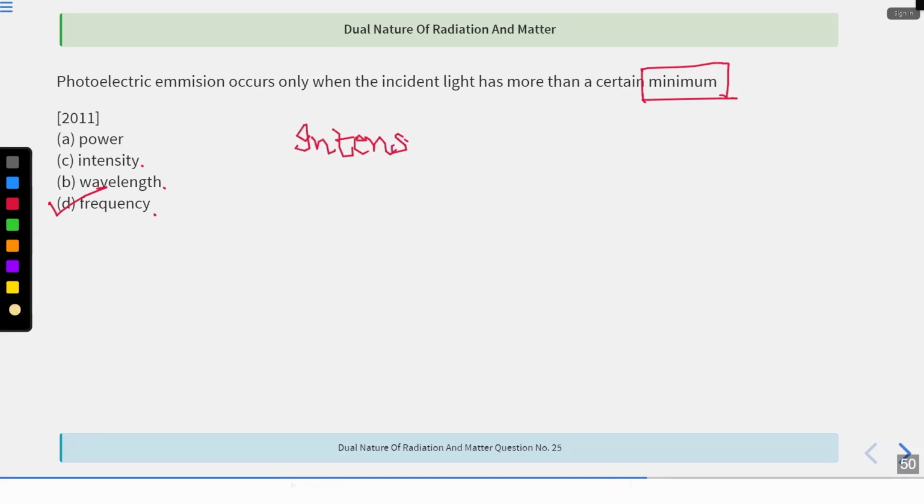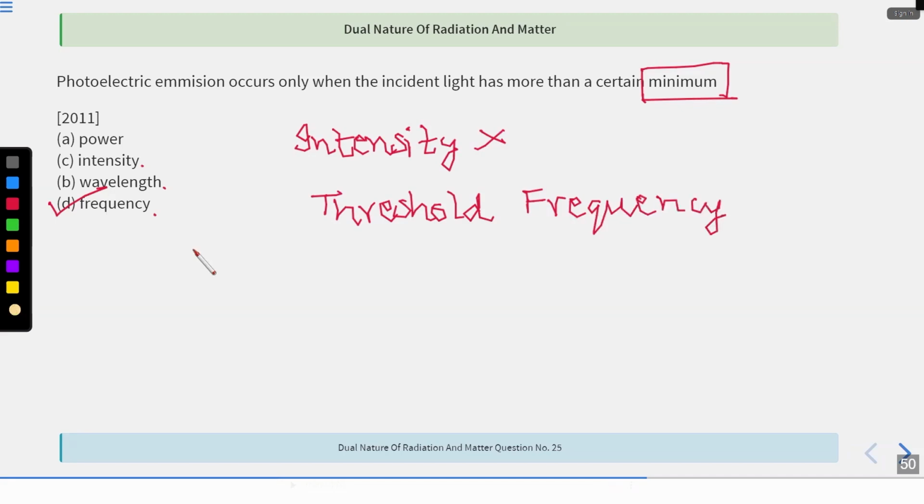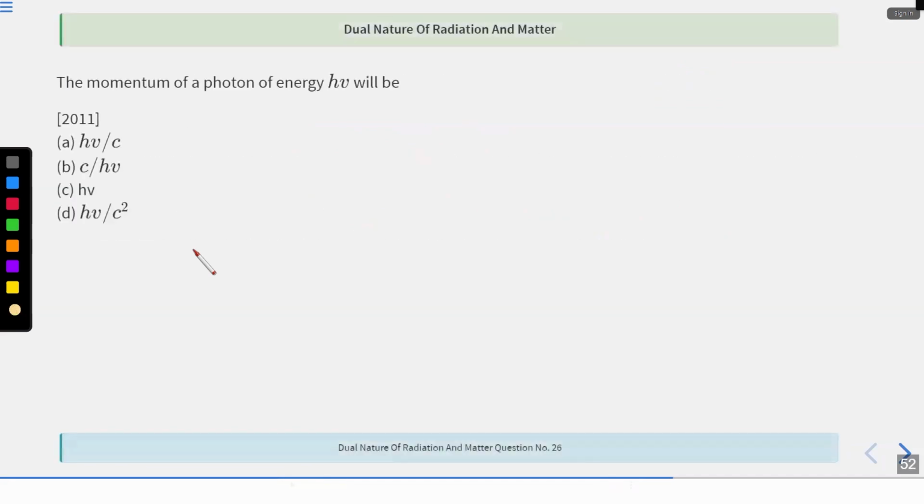And then we know that there is a certain minimum thing called threshold frequency, which has to be crossed so that photoelectric emission occurs, right? So for occurrence of the photoelectric effect, the incident light should have a frequency more than a certain minimum, which is called threshold frequency.